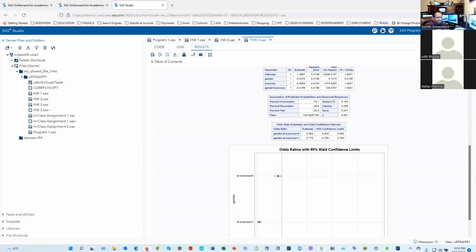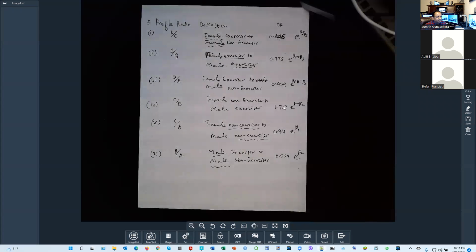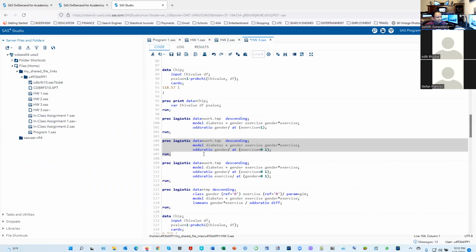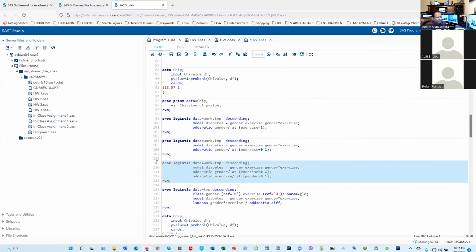Do we have that one? 0.963. Yes. Female to male non-exercisers, female to male exercisers. These two can be done by hand, and by this one you can easily recall. So that's the code, 0 to 1, then exercise and gender. Pretty much everything together.